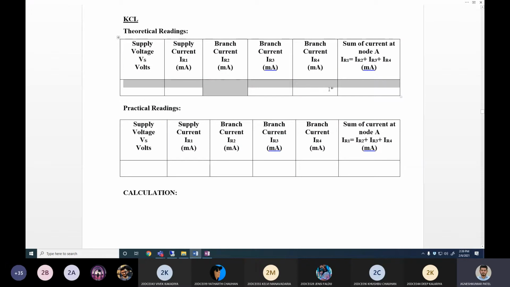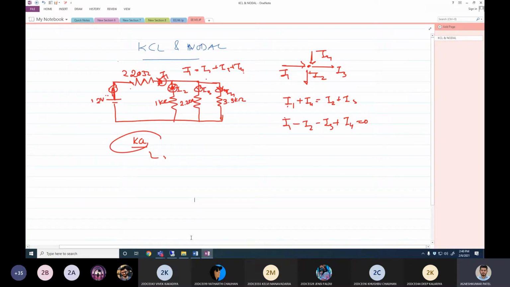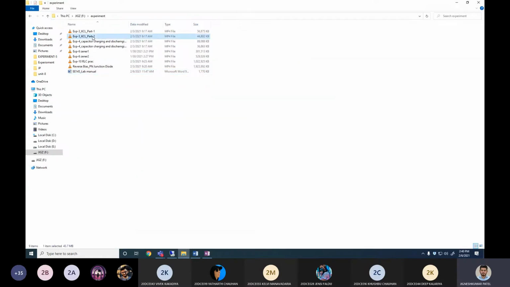You are supposed to do that at home. Then we are going to measure these currents in the experiment and put them here, so we'll verify both theoretically as well as practically. Now let us see the experiment.